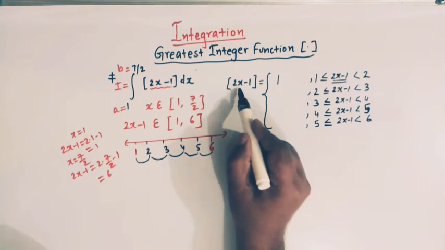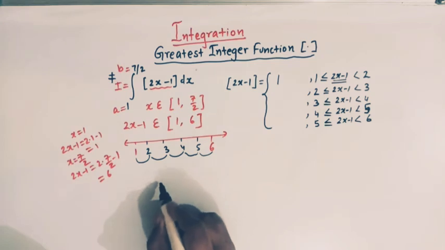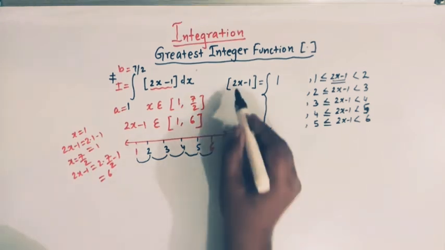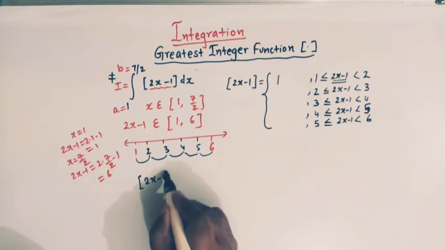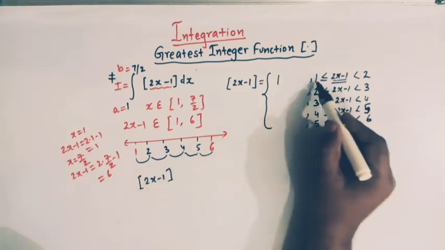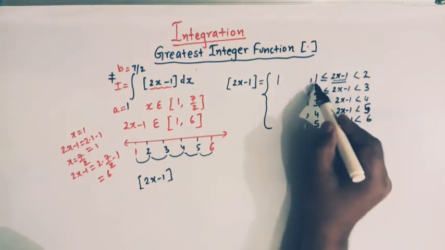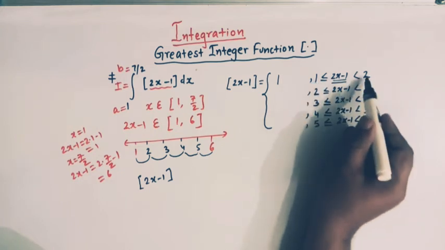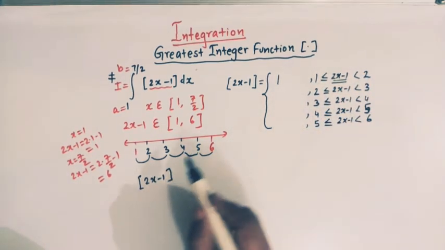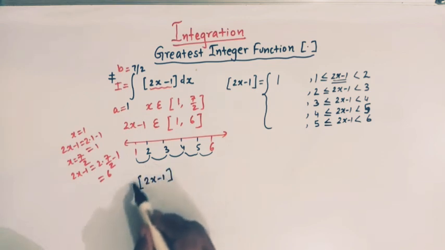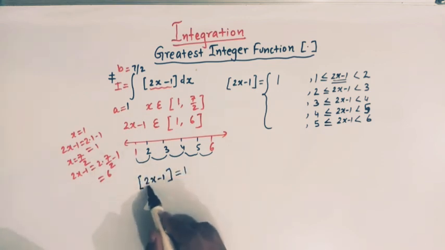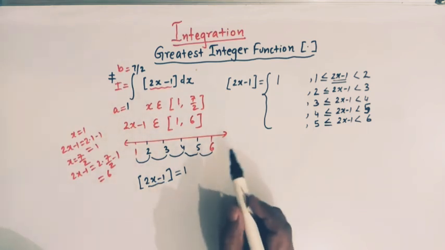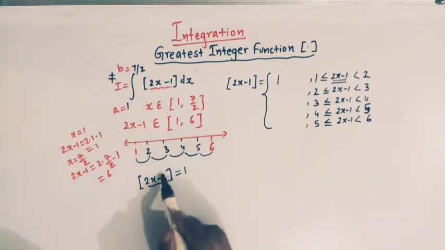Because the definition of the greatest integer function is that, when 2x minus 1 lies between 1 and 2, the value of this function is 1, because this is the greatest integer less than or equal to 2x minus 1.